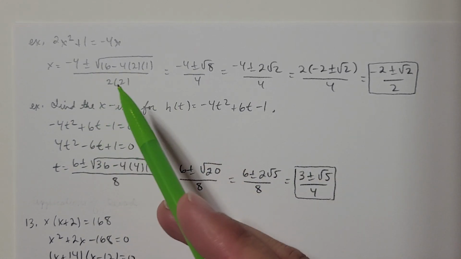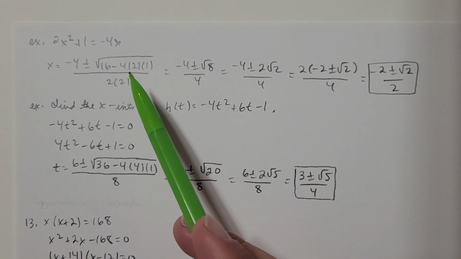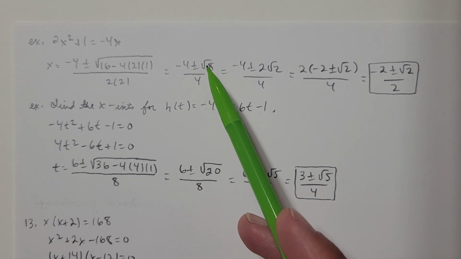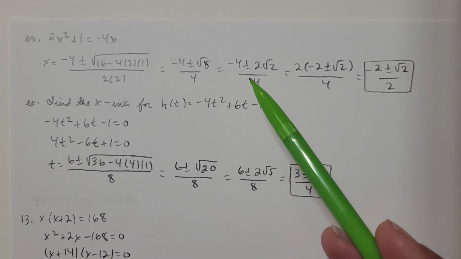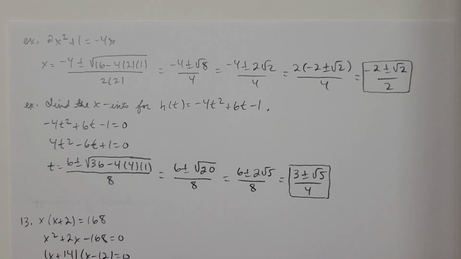So now all my information has been plugged into the quadratic formula, and it's just a matter of simplifying things as far as I can go. So 16 minus 8 is 8, and root 8 breaks down as 2 root 2. So I'm looking at negative 4 plus or minus 2 root 2 all over 4.